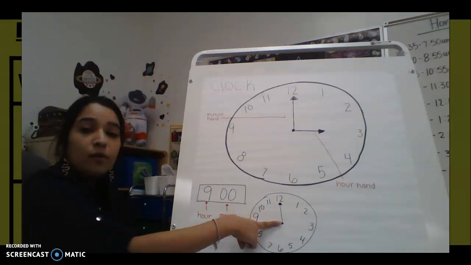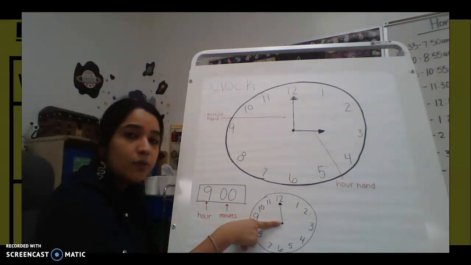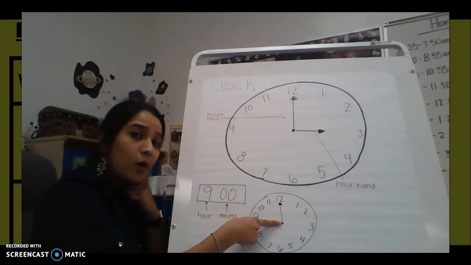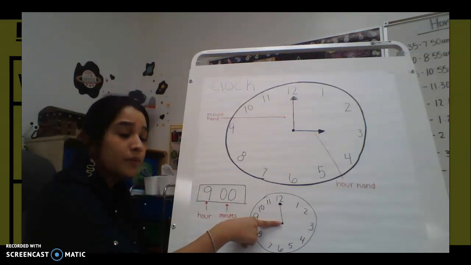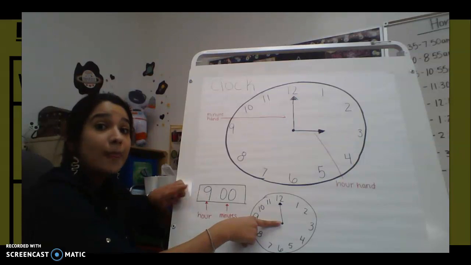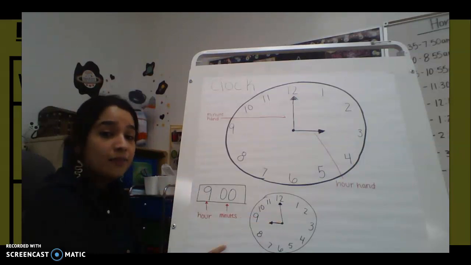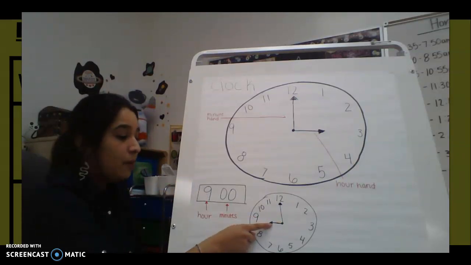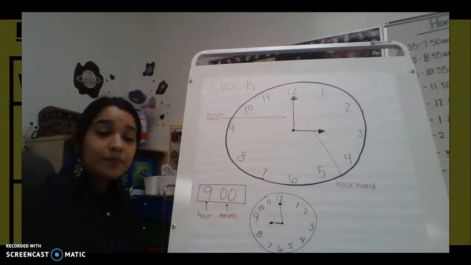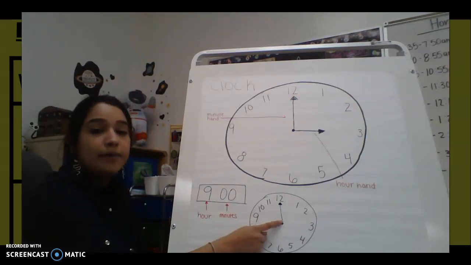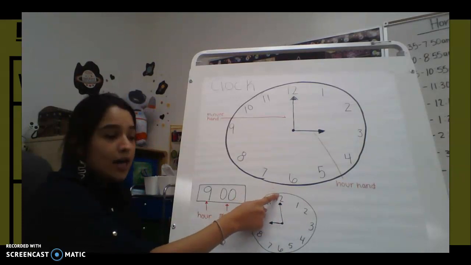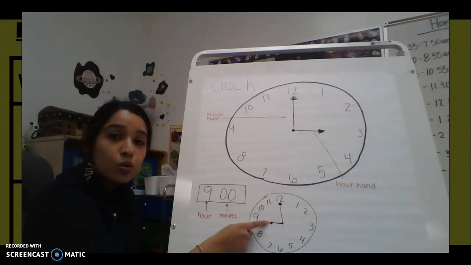So now, our hour hand, where does it need to go? What number does it need to go to? 9. Good job. So now we have the hour hand on the 9. So remember that the minute hand is long and the hour hand is short.